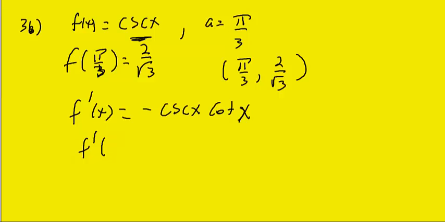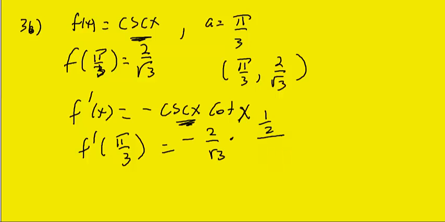F prime of pi over 3. Okay, negative. What is cosecant of pi thirds? We just found out. Okay, 2 over rad 3. Cotangent is cosine over sine. So cosine of pi thirds is... you don't know, do you, David?